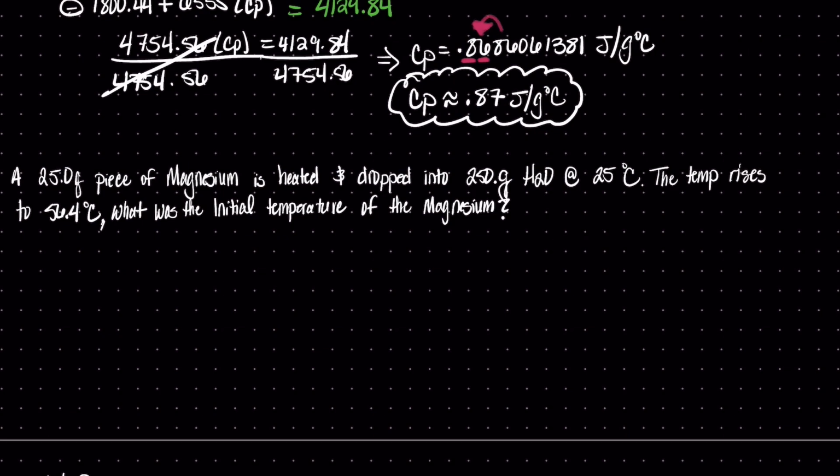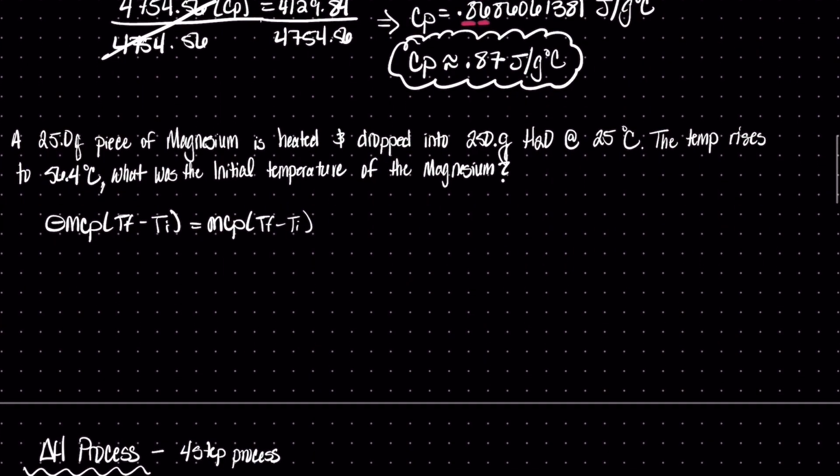So I know it's negative Q equals Q, so that negative M C sub P delta T, there we go. Plug and chug what you know. Let me find my hot side. Magnesium is heated, so I know I'm actively heating it and dropping it into 250 grams of water that's already sitting at 25 degrees Celsius.